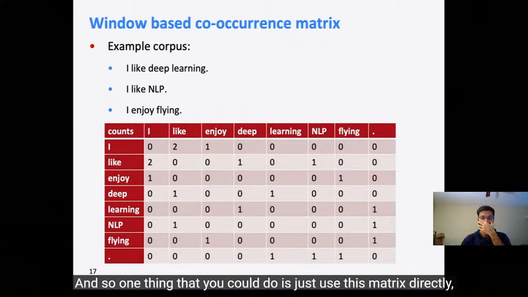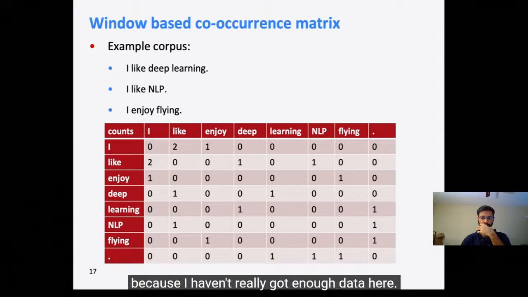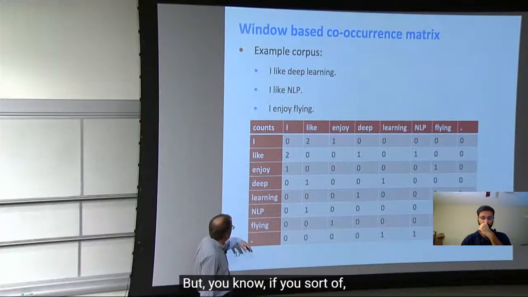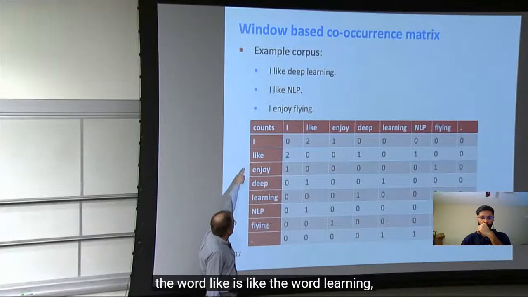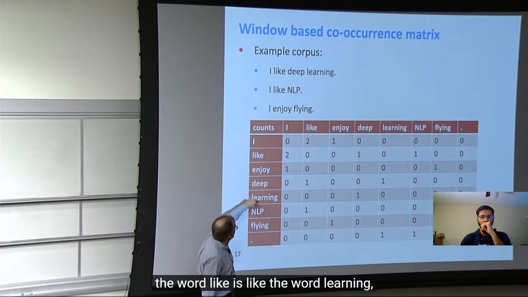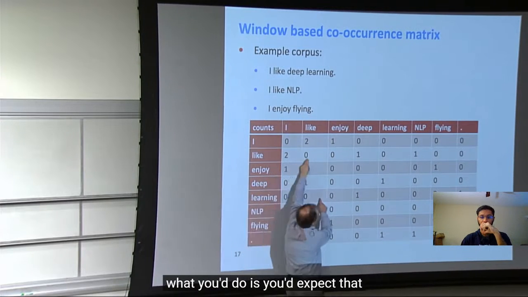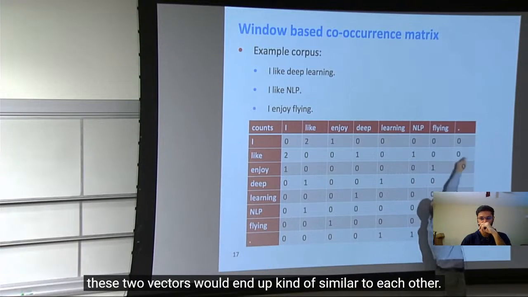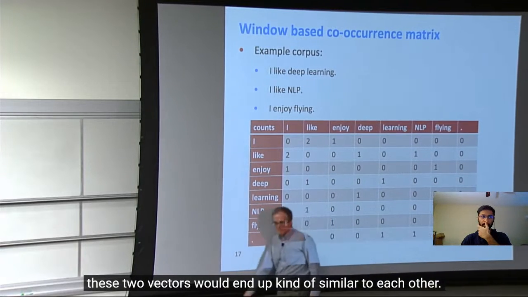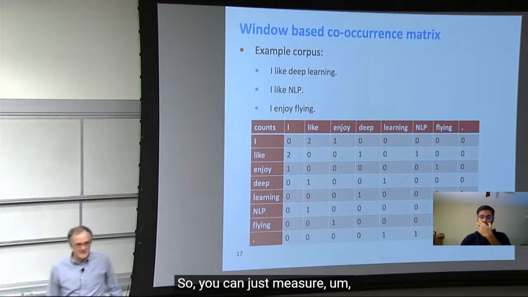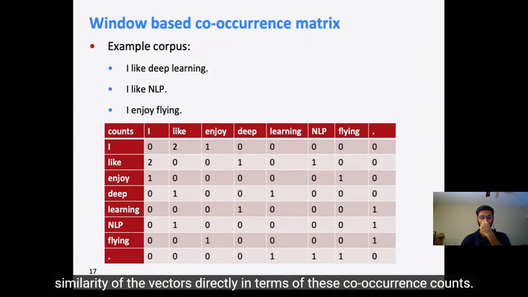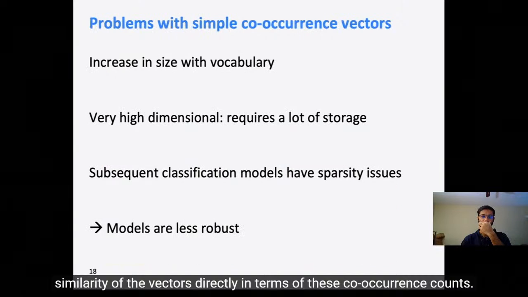One thing that you could do is just use this matrix directly. I haven't really got enough data here, but if you decided that the word like is similar to the word learning, you'd expect that these two vectors would end up kind of similar to each other. And they do. So you could just measure similarity of the vectors directly in terms of these co-occurrence counts.